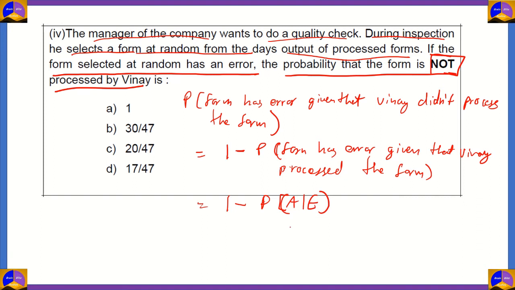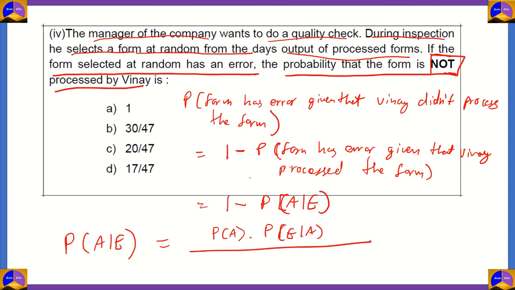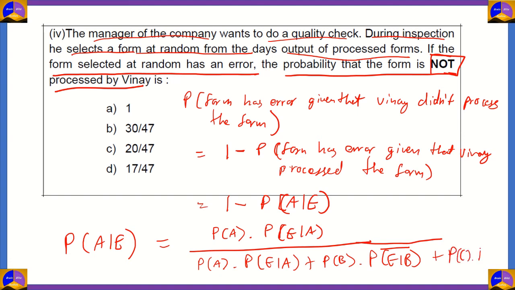That means this has to do with the Bayes theorem. So now we'll use the Bayes theorem in order to find out P of A given E. P of A given E is P of A times P of E given A, over P of A into P of E given A plus P of B into P of E given B plus P of C into P of E given C. Again, this is the notation that we discussed in the beginning.